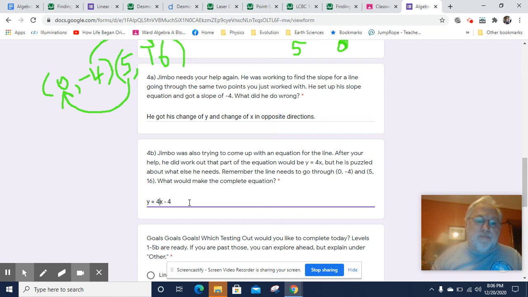It turns out we have the slope here, 4. That's the rate of change of y over the change of x that we did earlier. But then the y-intercept shows up right here.